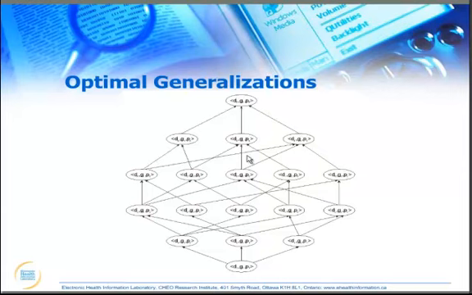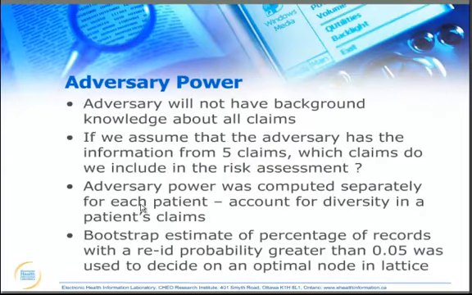So we make other assumptions, and this again comes out of the disclosure control literature. You make assumptions about how much information the adversary would have, how many claims they would have information about. For example, if we say the adversary has information about at most 5 claims, then the challenge is, if you have 40 claims, which 5 claims does the adversary know about?